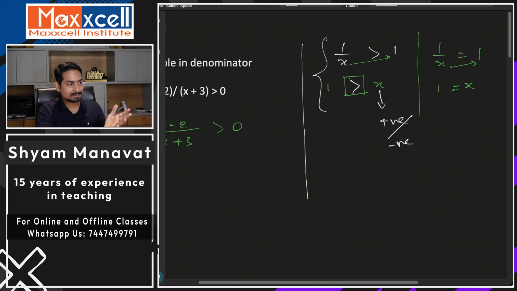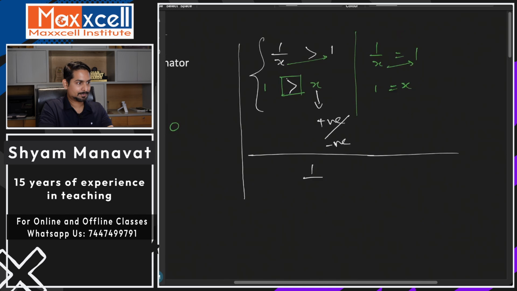Okay, if you want to solve the same question, let's complete this part. So here I take 1 upon x greater than 1.